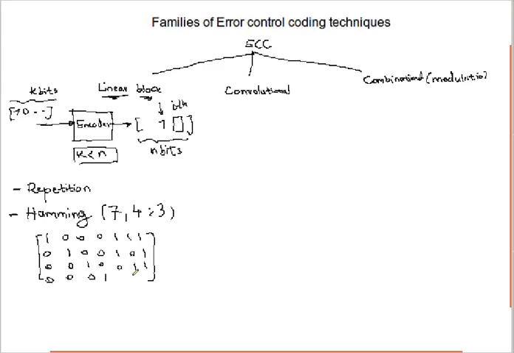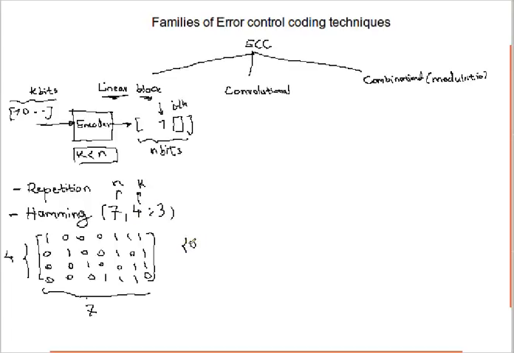As you can see here, we have 4 rows and 7 columns. So basically you multiply your k bits, where in this case k is equal to 4 and n is equal to 7. You take the inner product in the Galois field of 2.